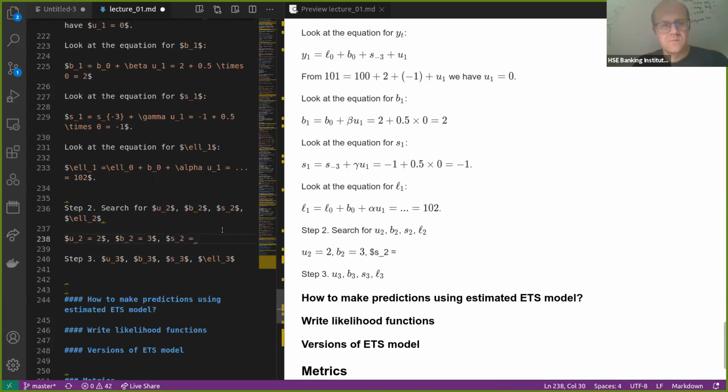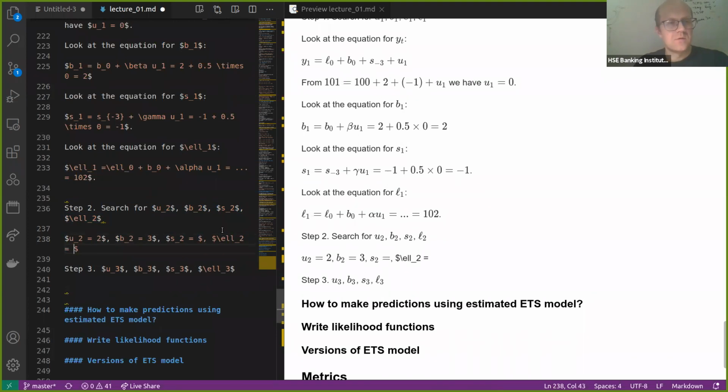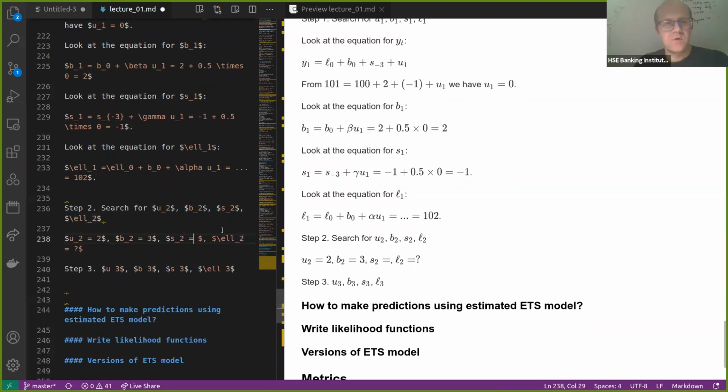S2 is... and L2 is... So let's just write the short answers.